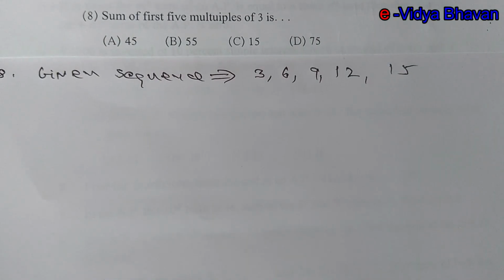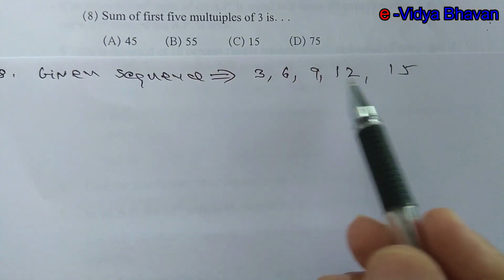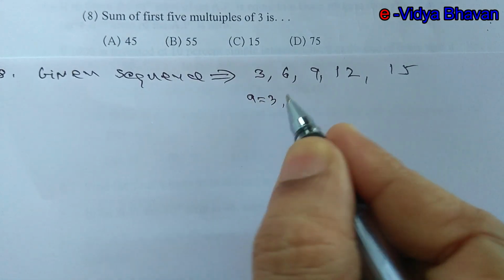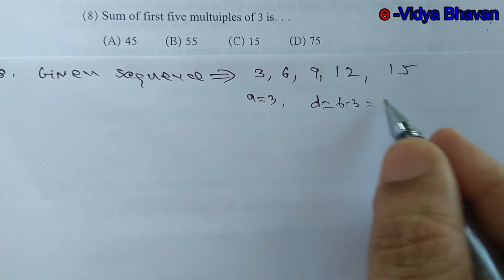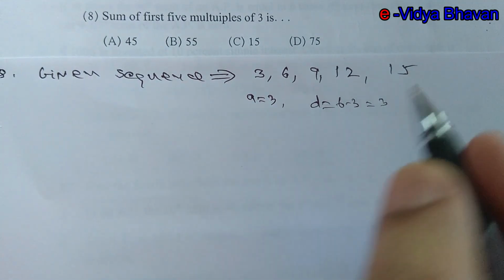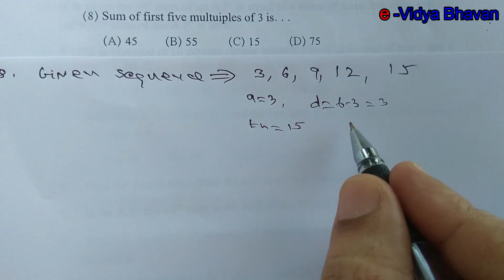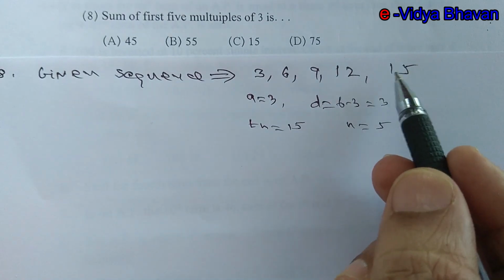Sum of first 5 multiples of 3. If you take the sequence of the first 5 multiples of 3, it will come 3, 6, 9, 12, 15, where A will be 3 and D will be 6 minus 3, which gives me 3. The last term Tn will be 15, and the number of terms will be 5: 1, 2, 3, 4, 5.